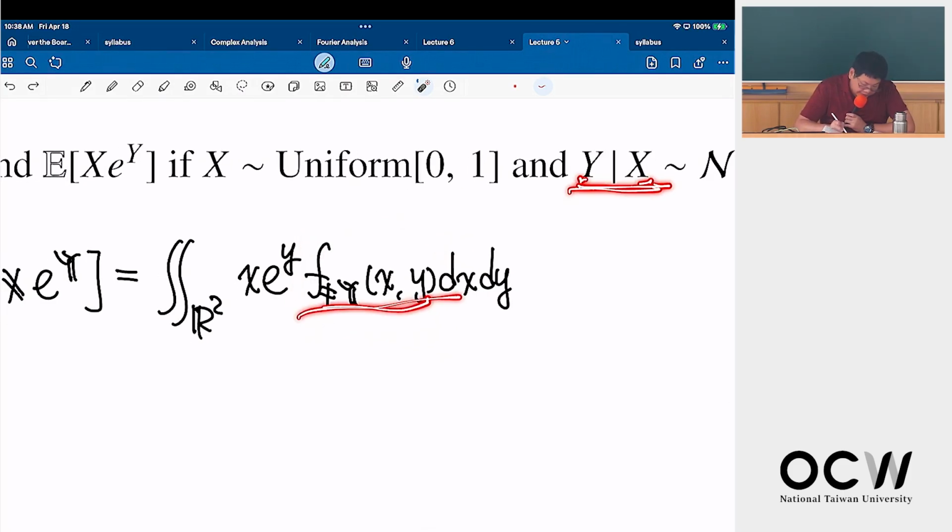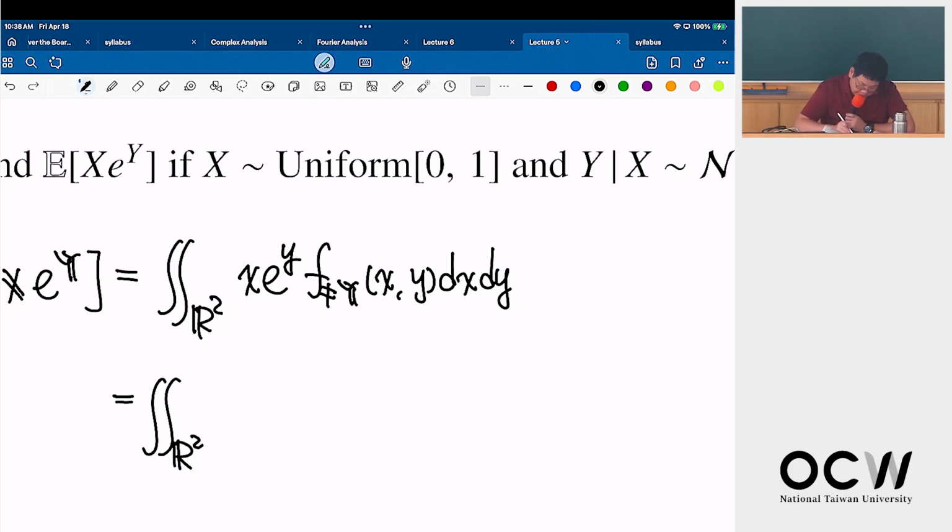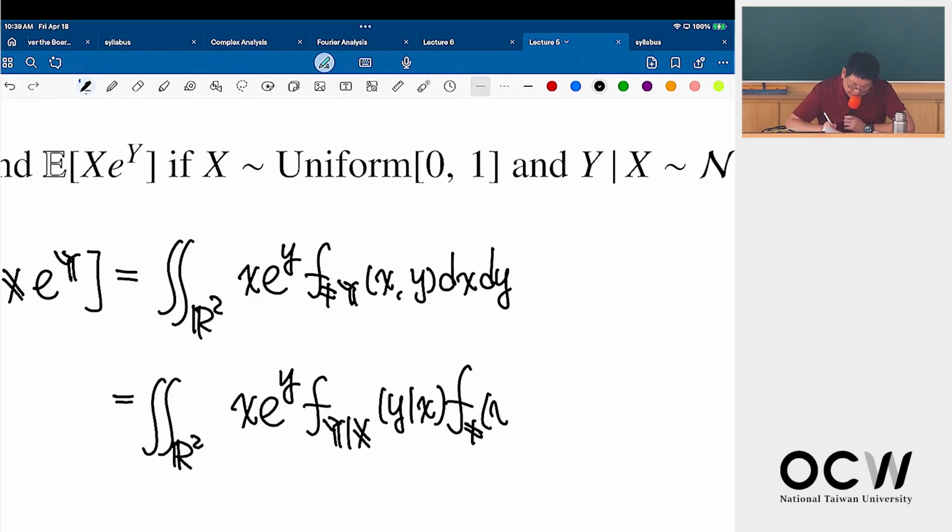So in this case, we can rewrite the joint PDF. How do we rewrite that? That is the conditional PDF times the marginal PDF of x.